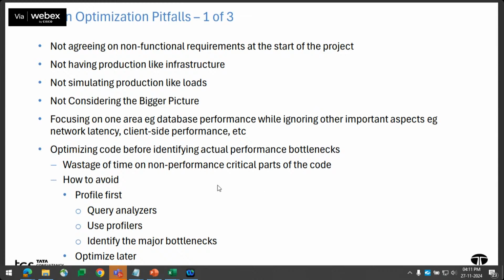That way we don't waste time on the functionality which does not need to be too critical. So we need to first profile it. You use various profilers and analyzers, identify the bottleneck, and then start the optimization.